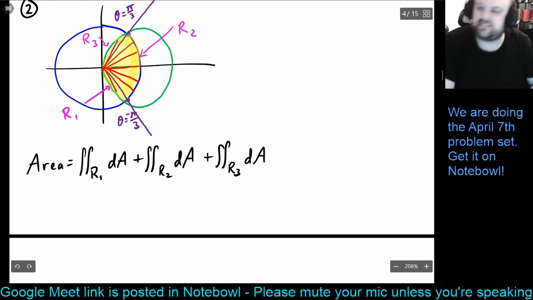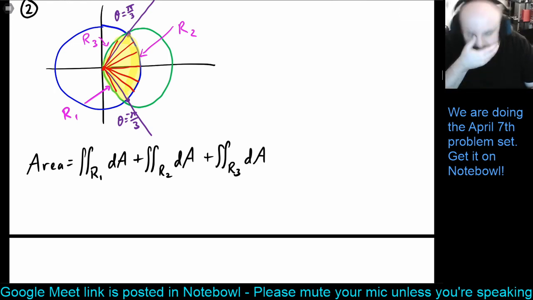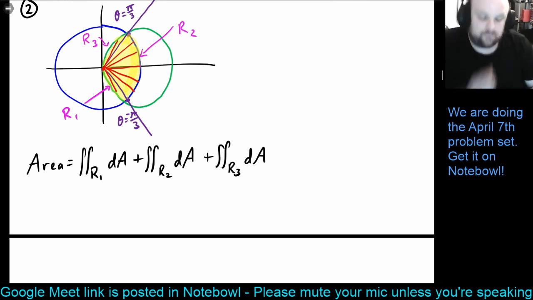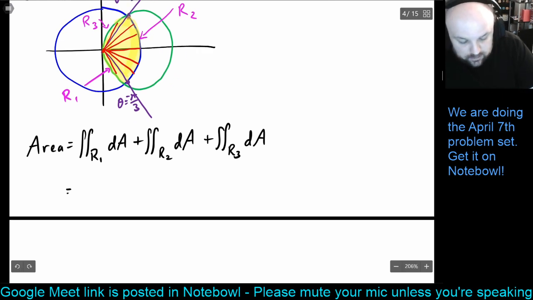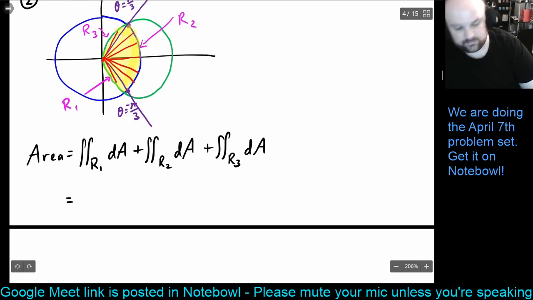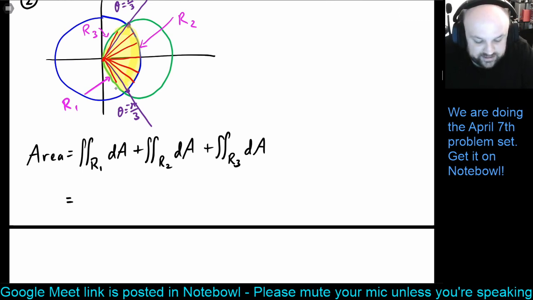We actually have to set all these up separately, because they're bounded by different things. So if we look at R1, this region starts at the origin and ends at the green curve, and this stops at minus pi over 3.